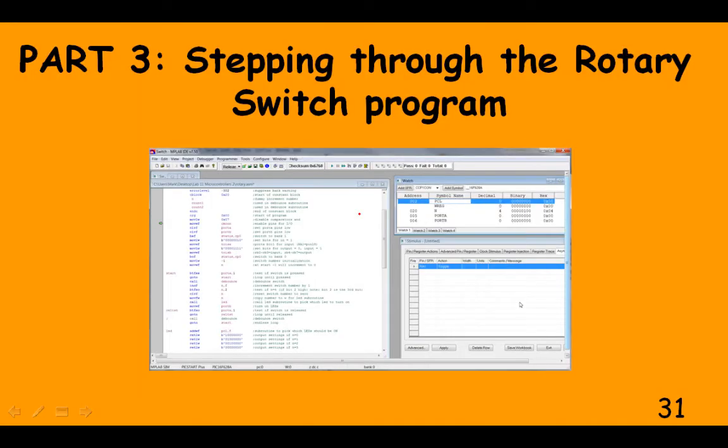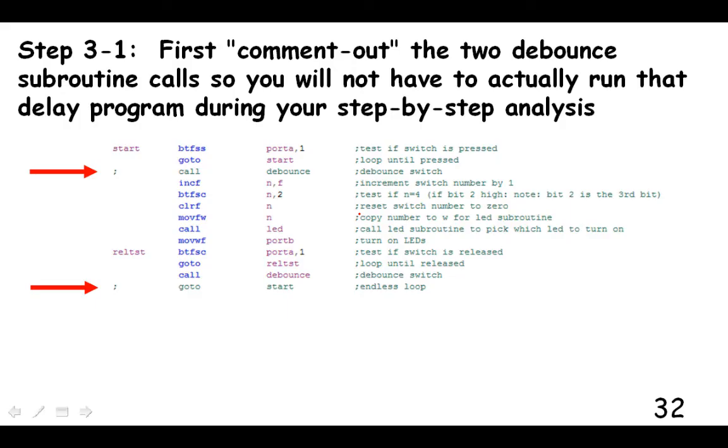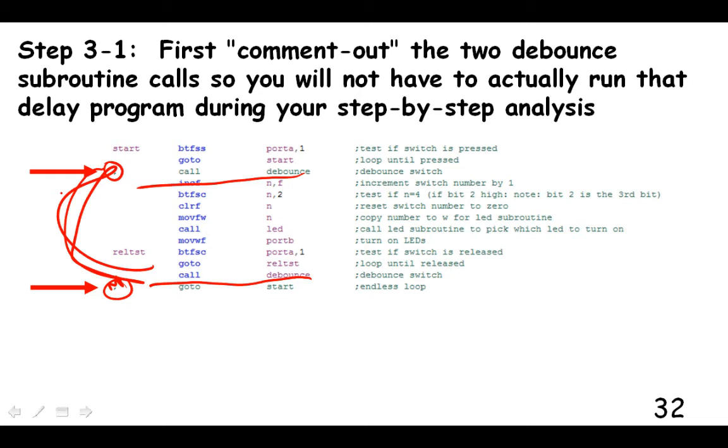Okay, let's look at how we're going to step through the Rotary Switch program and record our observations. So first of all, I'm going to suggest that you comment out our, oh, I did the wrong one. We should have commented out the debounce here and the debounce here. So comment out the two debouncing routines, because those are delay programs, and every time you would go through that, which you'll go through it 5 or 6 times maybe, you don't want to have to press play and then get out of it and all that.